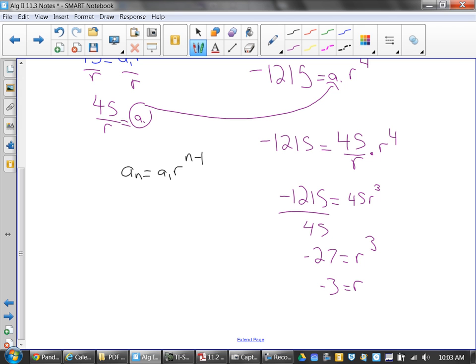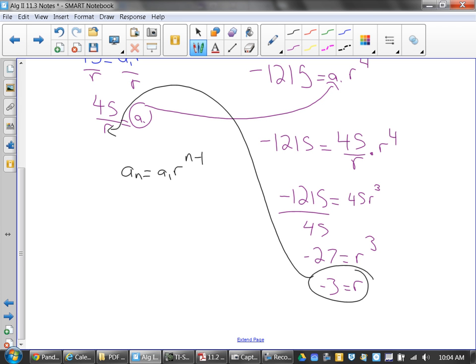You know what the rate is. We just have to figure out what the first term is. Does everybody see why I have to go back? Once I get this, I have to substitute back here.